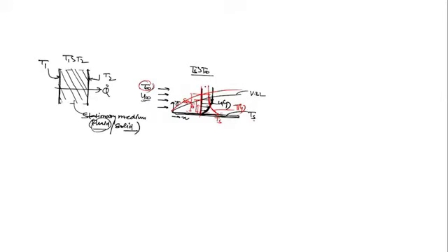Is this clear? So the red line indicates the thermal boundary layer, right? Tell me. Just like momentum transfer, there is also heat transfer.